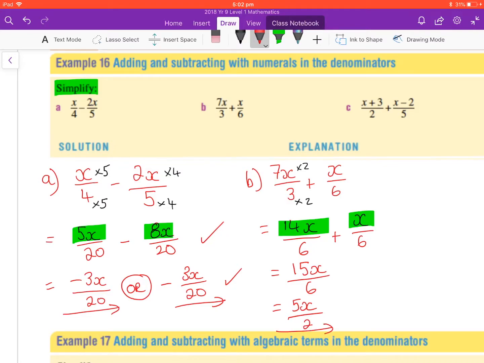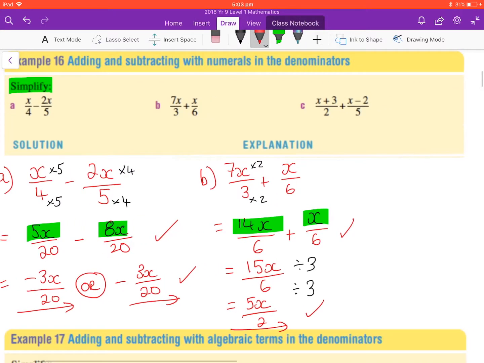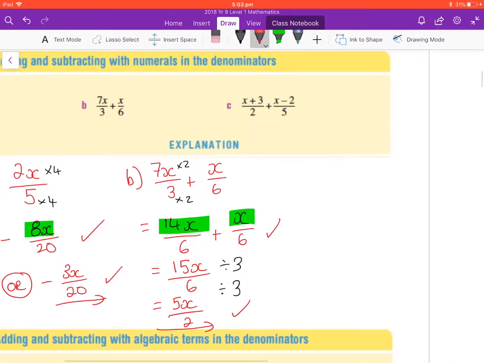Because the question stipulated I wanted it simplified, you need to take it to that next level. It's still probably only worth 2 marks, so if you don't simplify, you have lost one of those marks. It's important to do that.